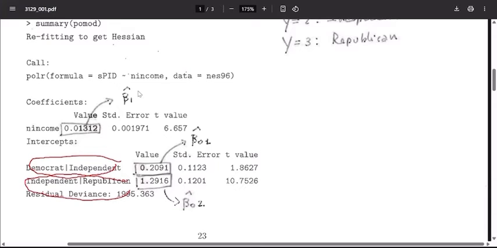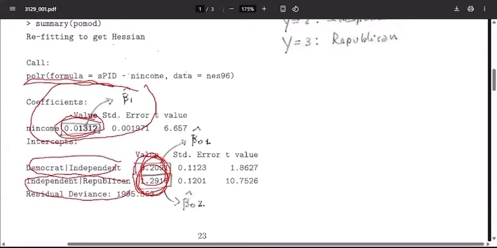The coefficient, which is going to be for income only, that is the coefficient. These two are intercepts. The first one is the coefficient associated with the income. Then the other two will be intercepts.